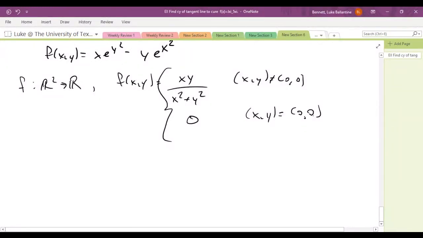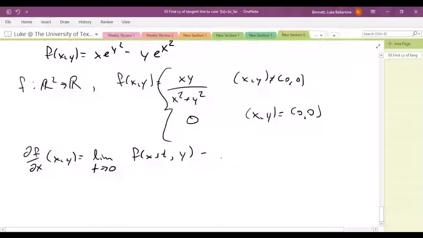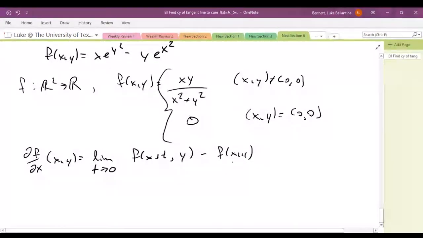So we're going to show that this is not differentiable because the partial derivatives are not continuous. Recall the definition of the partial derivative: the limit as t approaches 0 of f of x plus t, y minus f of x y over t.